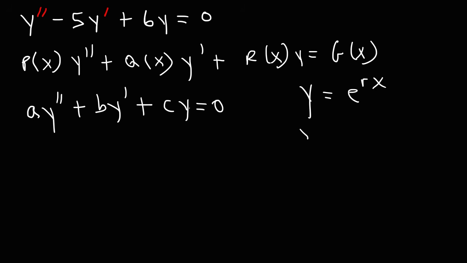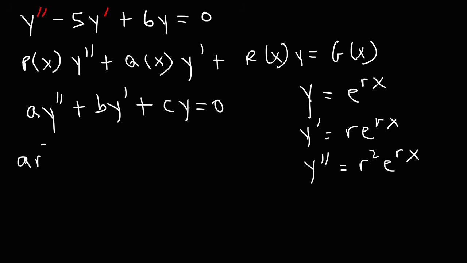If you take the first derivative of that, you're going to get r e to the rx. And if you take the second derivative, you're going to get r squared e to the rx. So substituting in y prime and y double prime, we get a times r squared e to the rx, then replace y prime with r e to the rx, and replace y with just e to the rx.